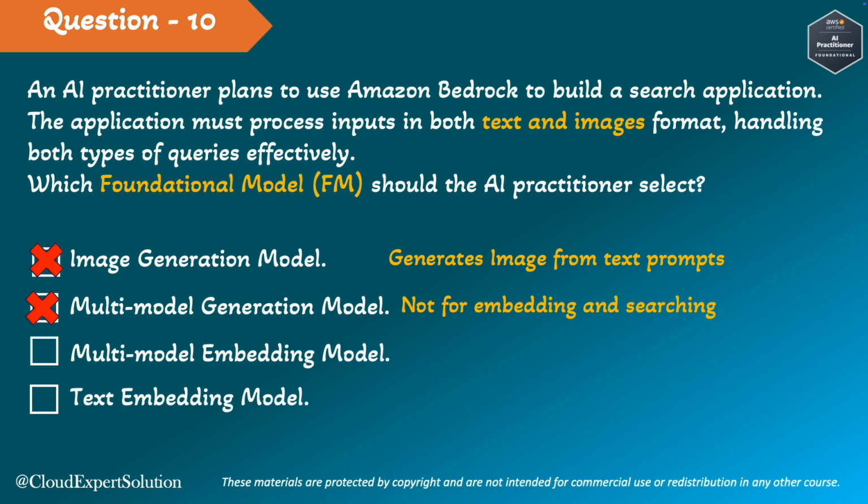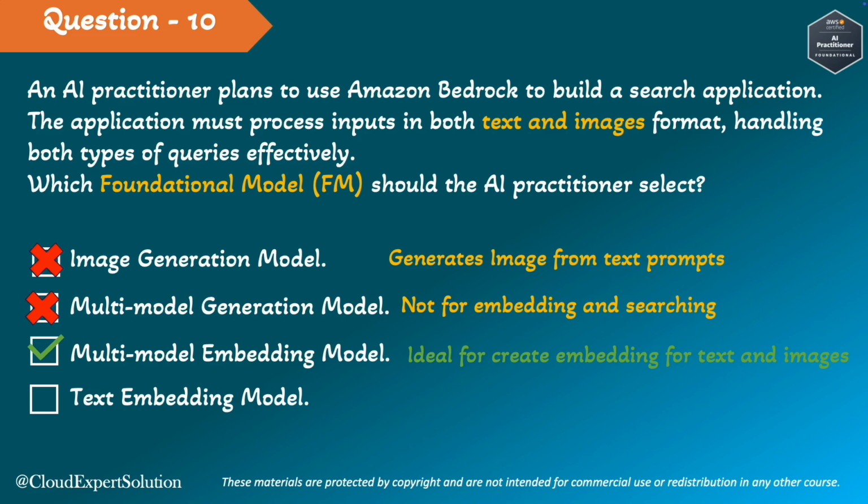Option 3, multimodal embedding model. A multimodal embedding model is designed to handle and process inputs from multiple modalities such as text, images, and more. These types of models can effectively create embeddings for both text and image inputs. It makes it suitable for a search application that needs to handle queries in both formats. Hence, option number 3 is a correct option for us.